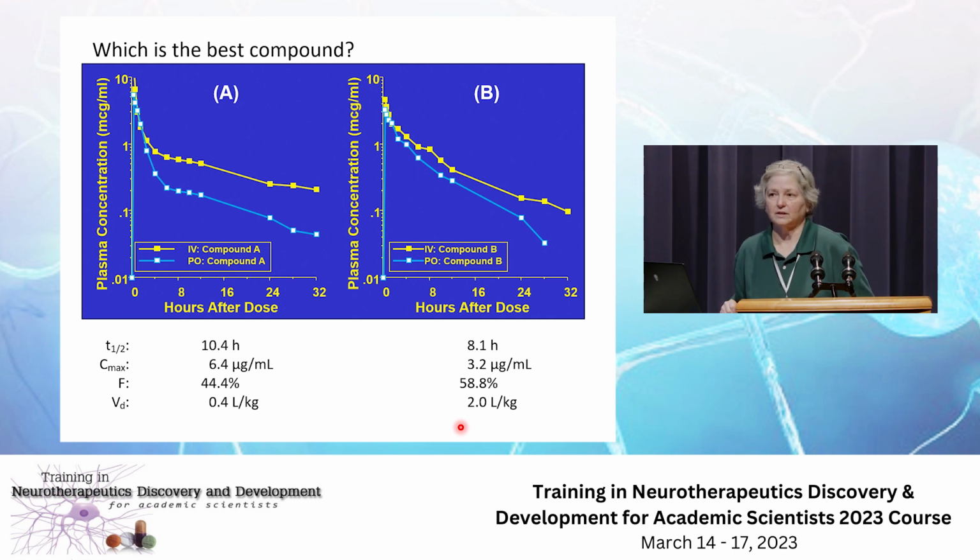So if you stepped on a nail and got an infection in your foot, which of these two compounds would be the best compound with the higher probability of curing that infection? I want it to go to my foot, so I want it to be in the blood and circulating, not sequestered somewhere random. No. You want it to be distributed to the tissues so that it can get to the site of infection. Yes. So you want a larger volume of distribution. Yeah. So this is B.